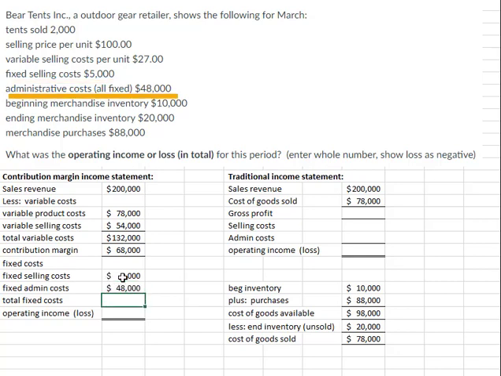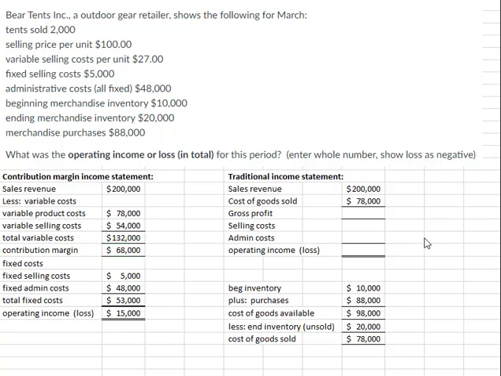Operating income is that contribution margin minus the fixed cost. Of course, you can also just do 200,000 minus all your costs. That's just more work. So if the question had asked for contribution margin, you'd be reporting the 68. If they asked for operating income, you would be reporting the 15.